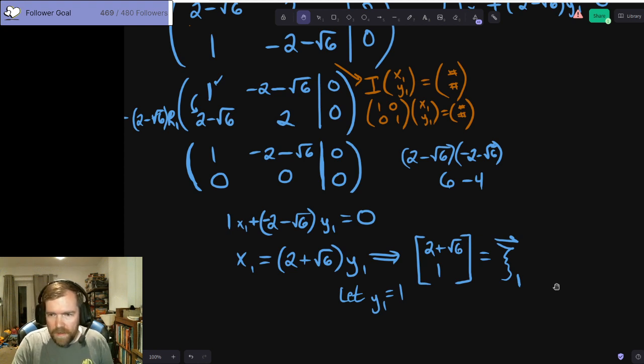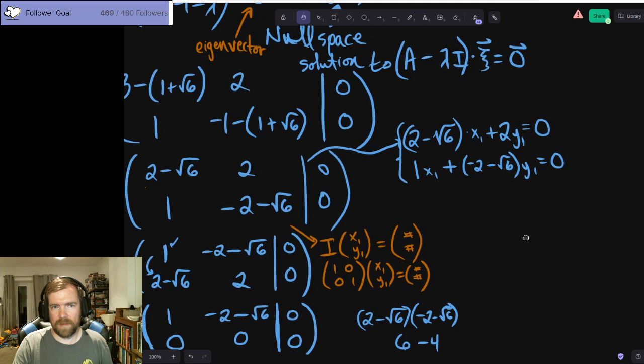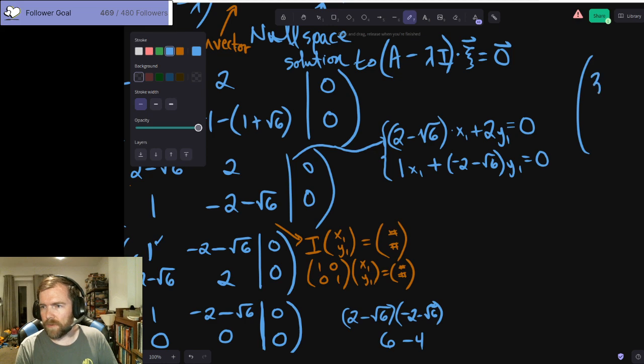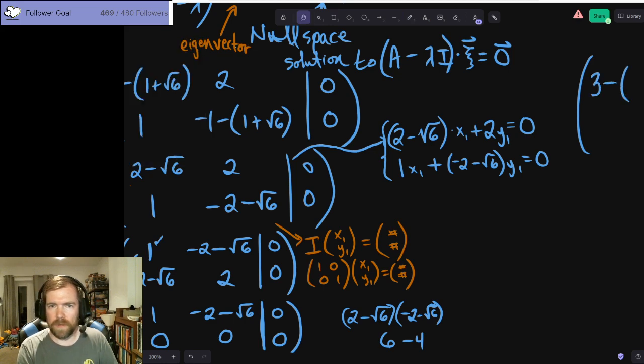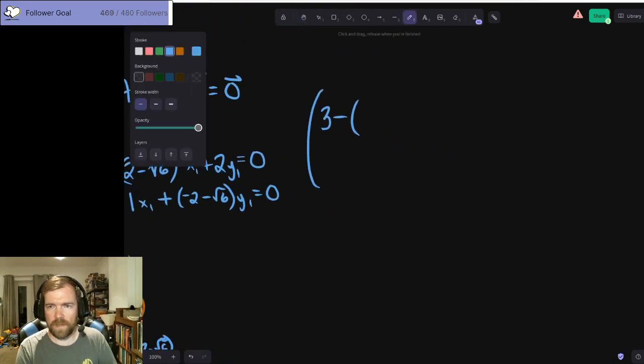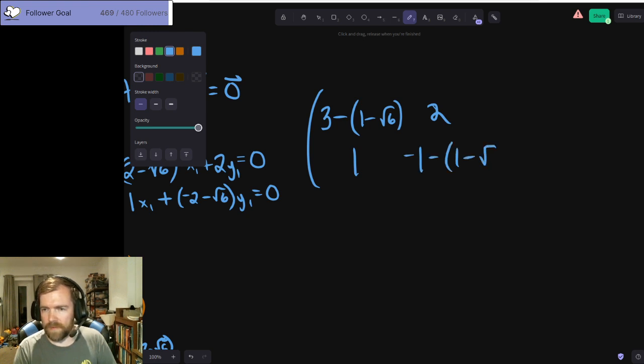All right. How do we get eigenvalue 2, if we use the other eigenvalue? Right, so we said here we're going to get 3 minus the other one, which is going to be 1 minus the square root of 6. 1 and negative 1 minus parentheses 1 minus root 6, augmented with 0, 0 in exactly the same way we did the other one.